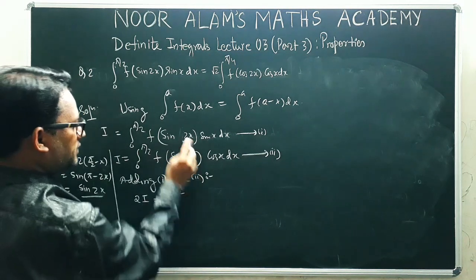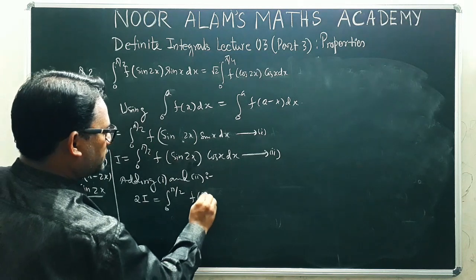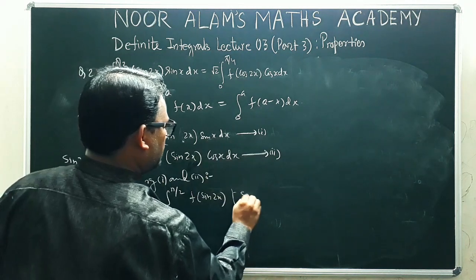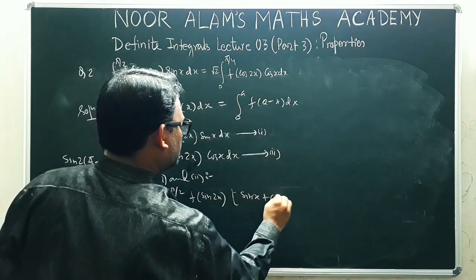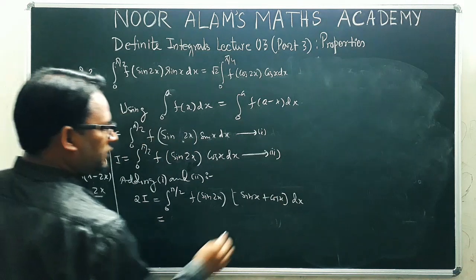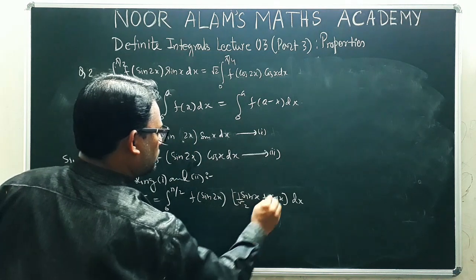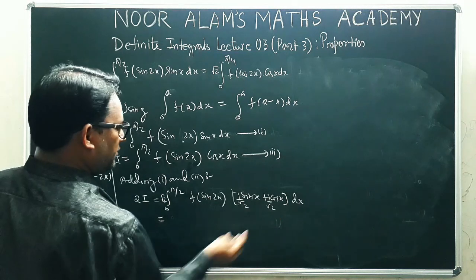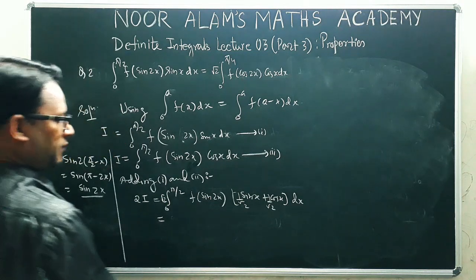f of sine 2x is common, so we can write f of sine 2x common. Now we have sin x and cos x dx. If we divide by root 2 and multiply by root 2, this will be in the formula of sine of pi by 4 plus x.